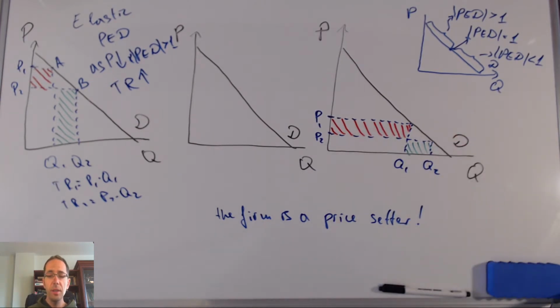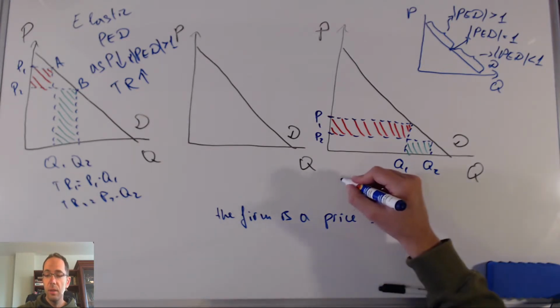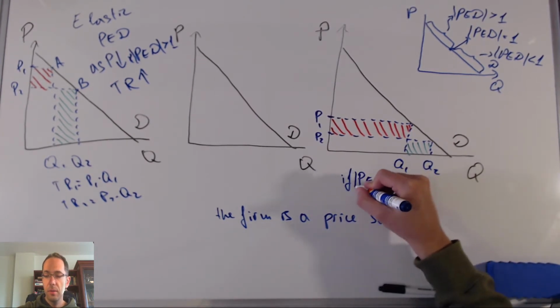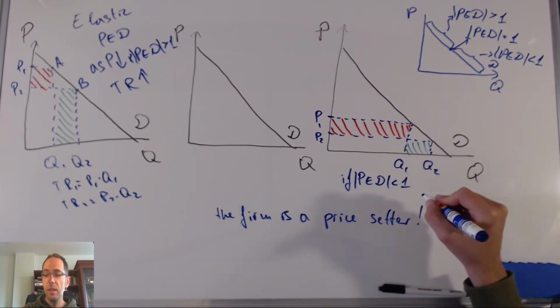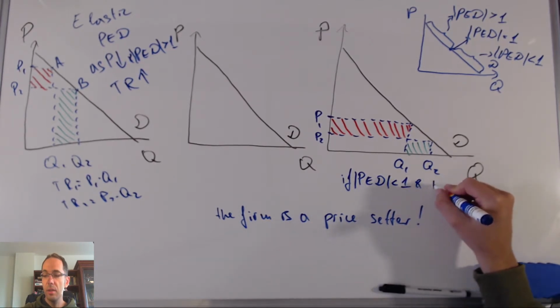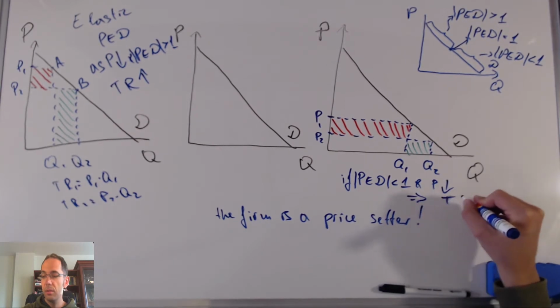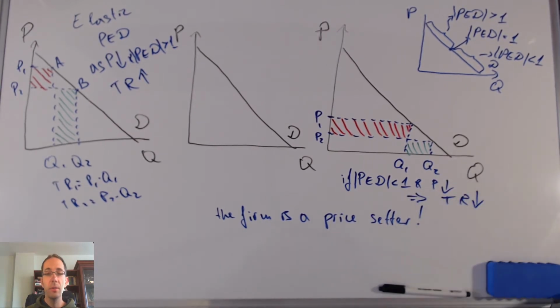So the green area is smaller than the red one, and thus we can summarize this that if PED is less than 1, so it's inelastic, and the price is falling, then total revenue will be falling as well.